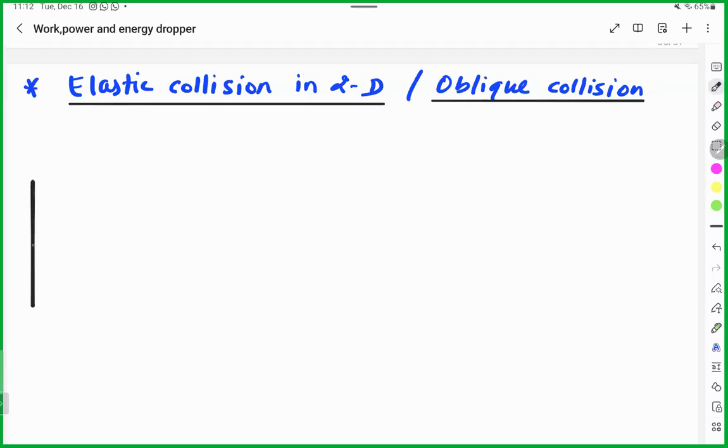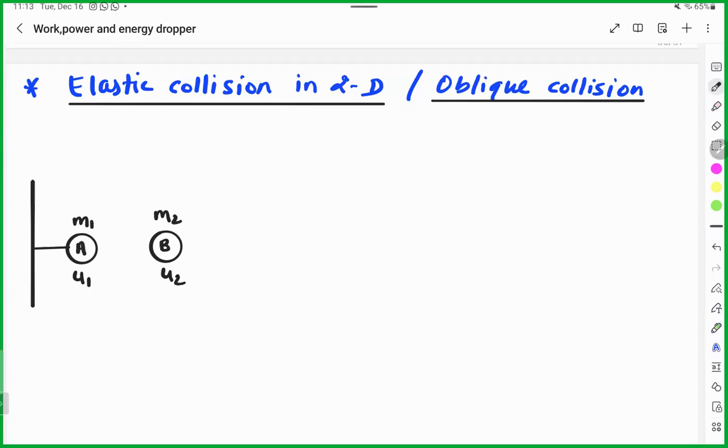Example, this is the y-axis. Here you have two bodies. First mass m1 moving with u1 speed, and there will be m2 on the x-axis only, moving with u2 speed. This is A body and B body.